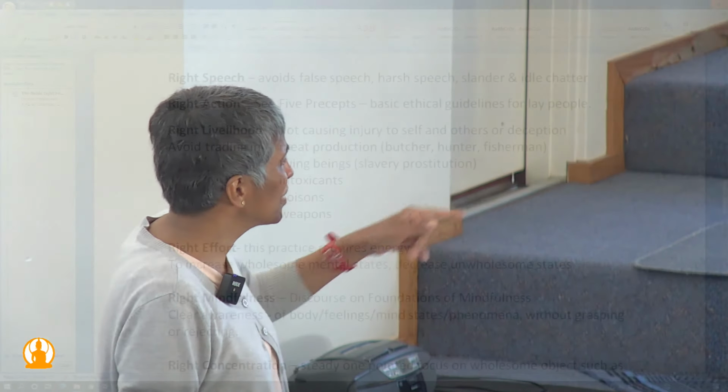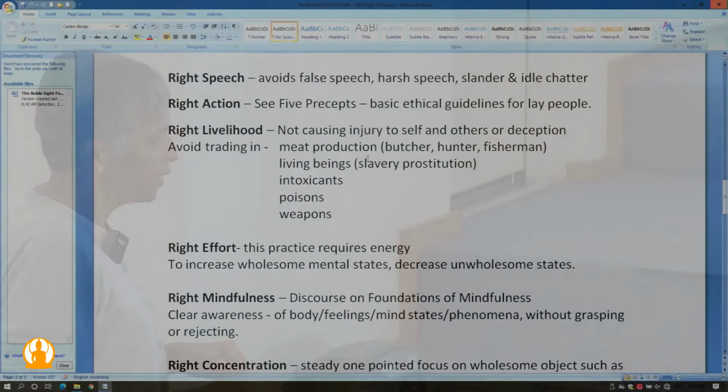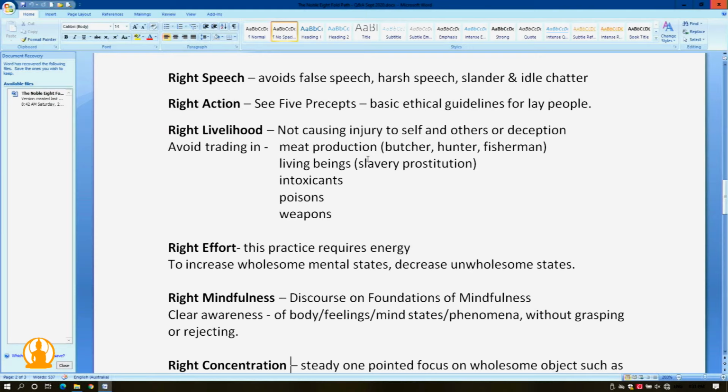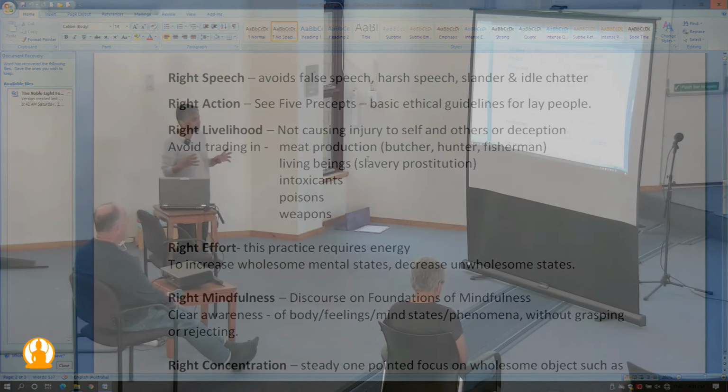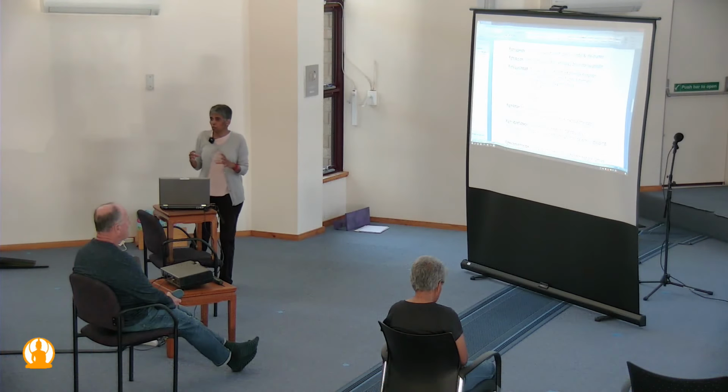The last one is a bit hard to explain, phenomena. The Buddha described a number of sets of phenomena which occur, which we can use for the purpose of developing mindfulness. So one set of phenomena is what we call the five hindrances.